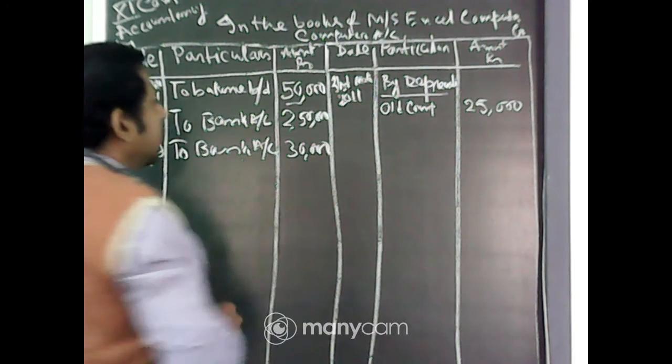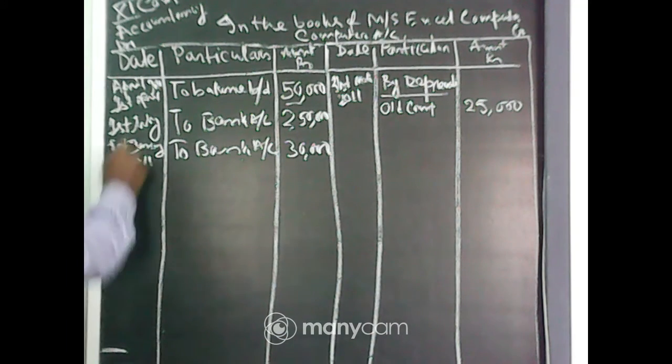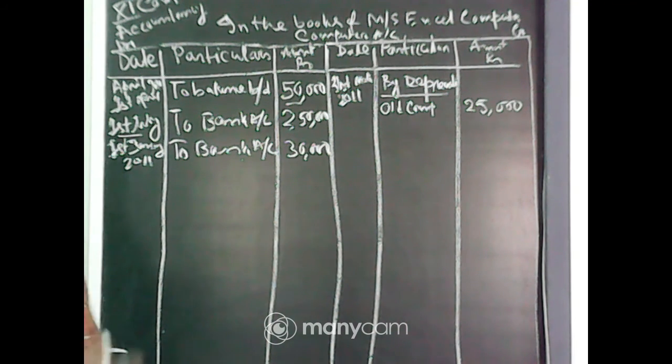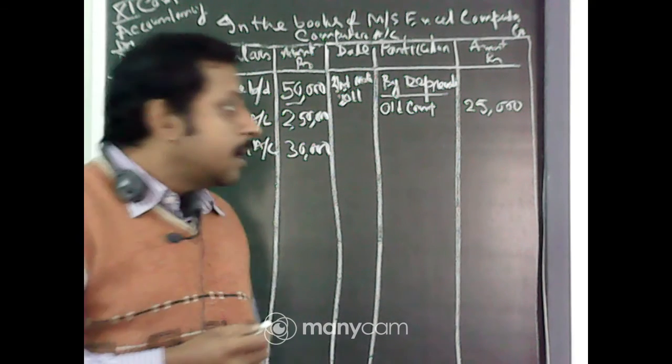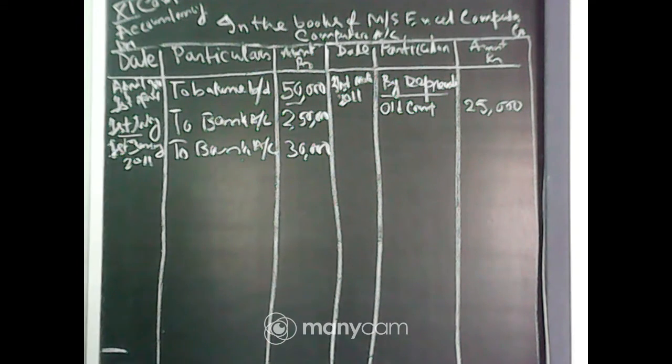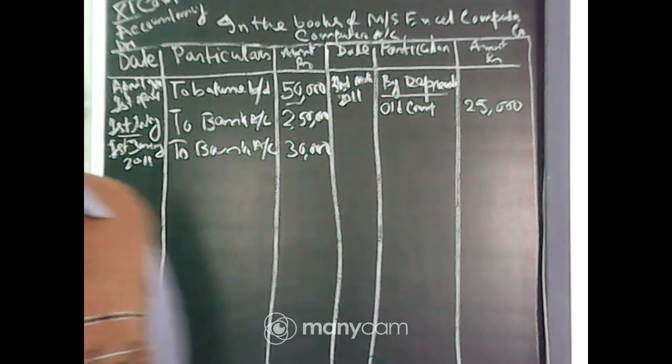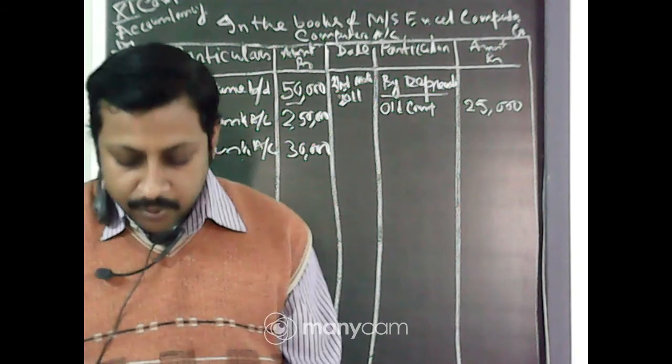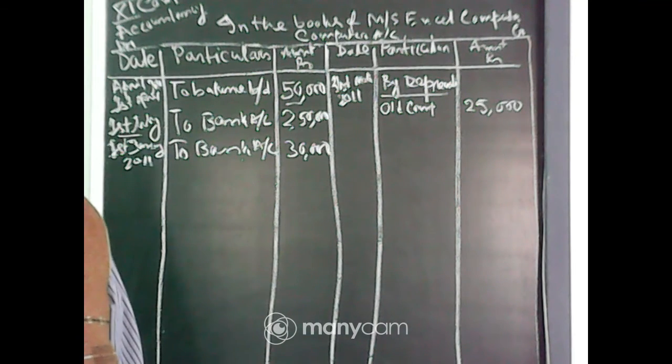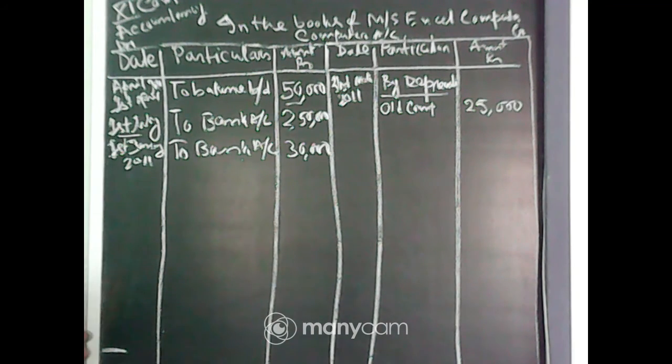Now, the second machine, which was actually purchased on 1st July 2010. Now, in case of the 10-11 financial year, how many days is it actually used? From 1st July to 31st March, that is for 9 months. Okay. This machine was actually used for 9 months. So, we cannot take the whole year depreciation.